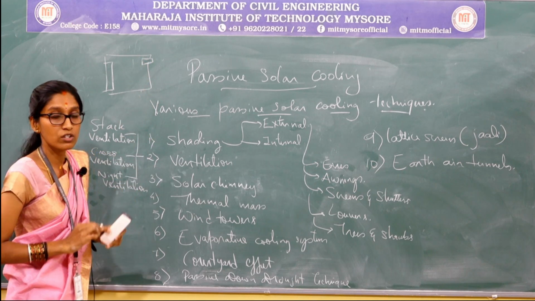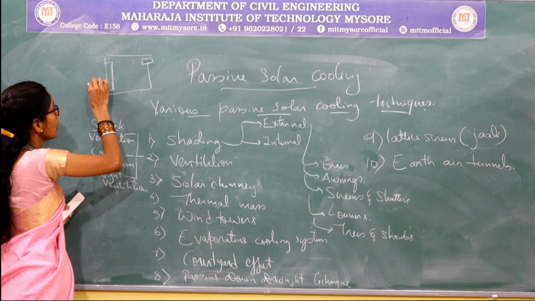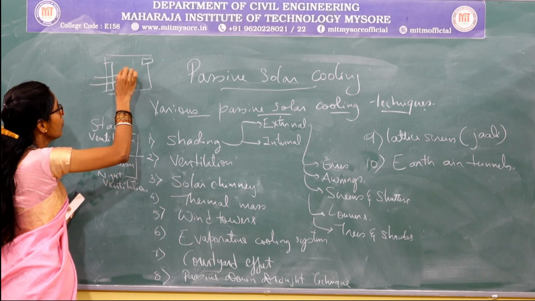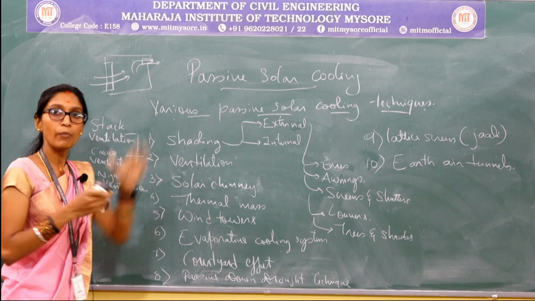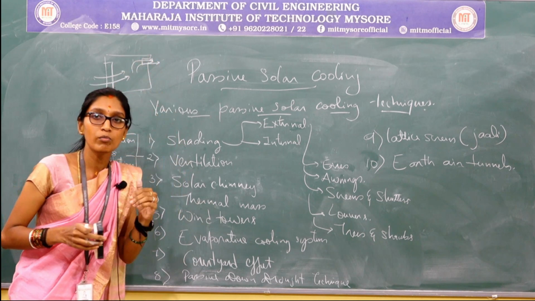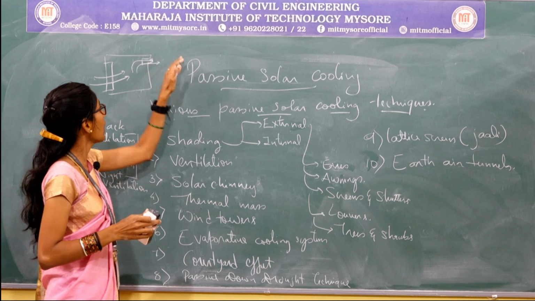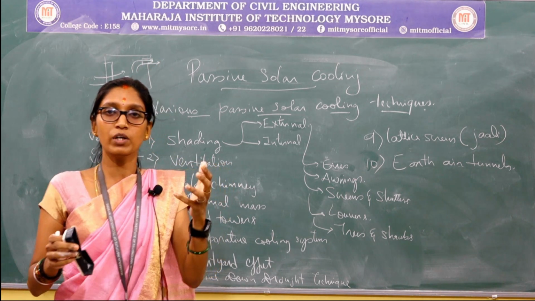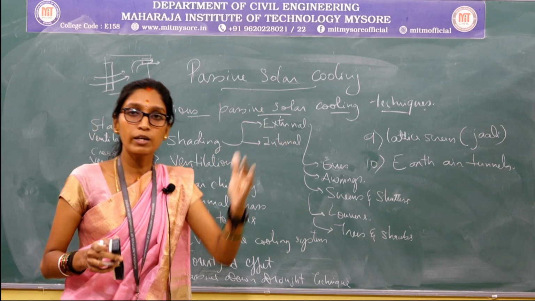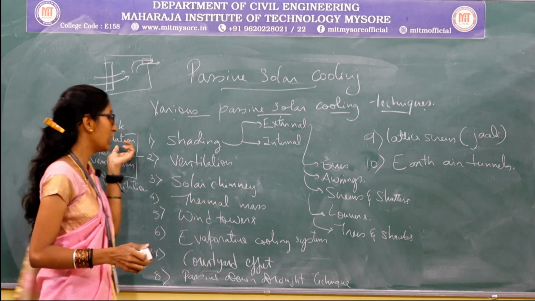It's just a rough sketch in order to make you understand. The air is entering the building in this way, and the hot air is going to move in an upward direction due to thermal buoyancy. So this is how the heat present in a building can be removed through stack ventilation.